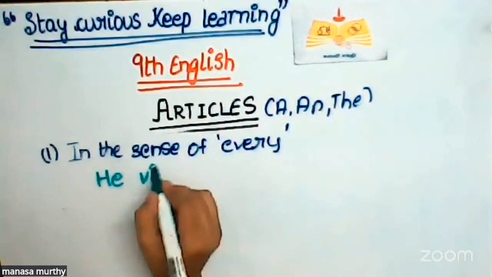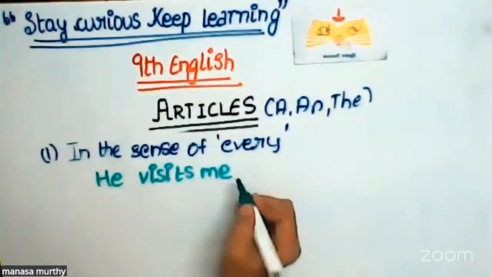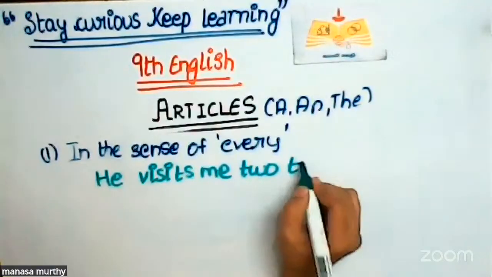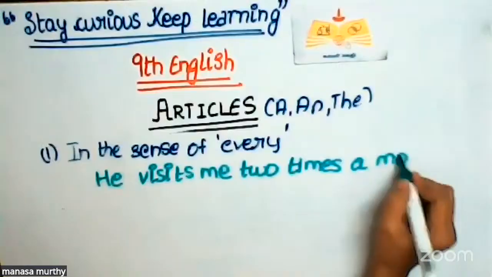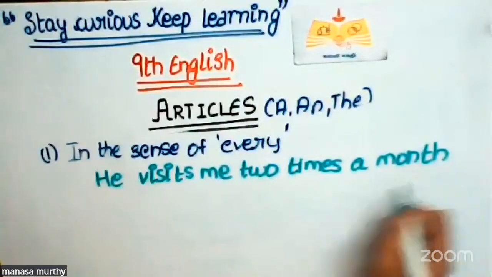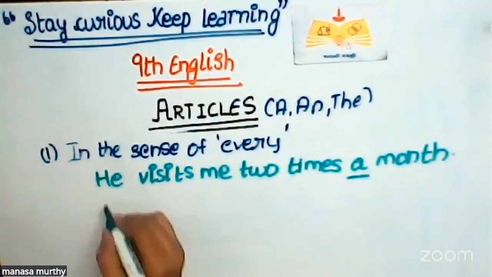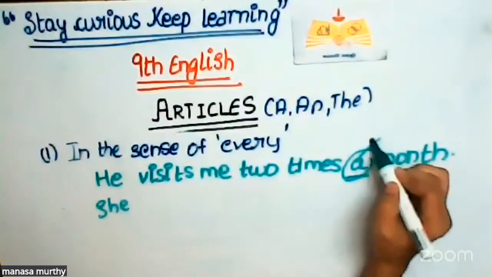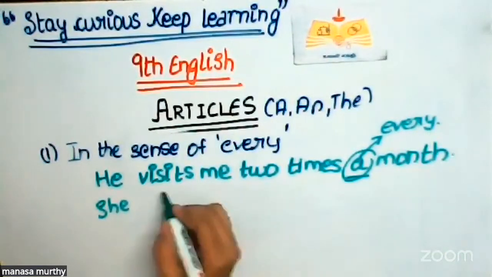He visits me two times a month. He meets me twice a month. Okay. So here this means every.